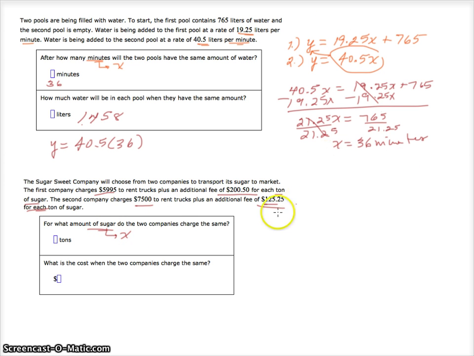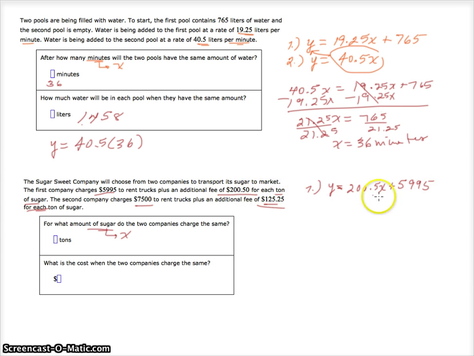So let's set up our equations. The first one is y equals my rate, which was 200.50x plus 5,995 because it's my starting value. That's not the one that's changing.